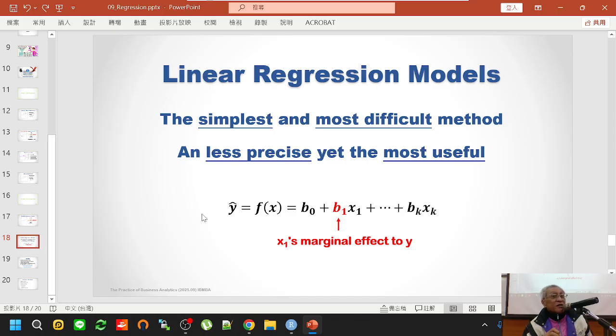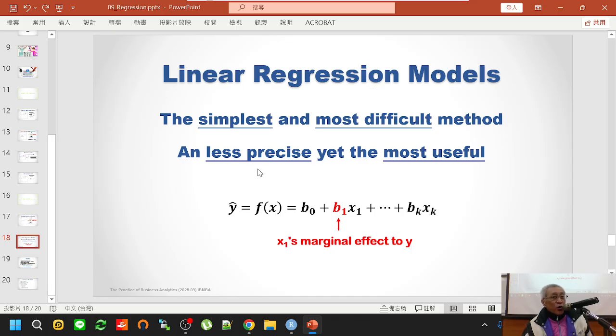Okay. So in order to do that, you cannot use a machine learning model or artificial intelligence model, right? With those models, you cannot estimate the marginal effect like linear regression.